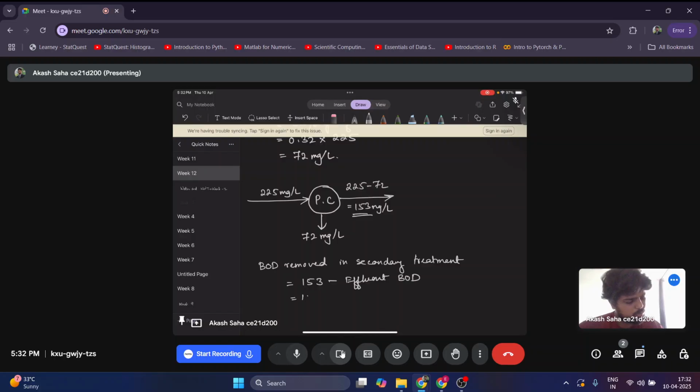So 153 minus 20, around 133 milligram per liter is removed. From here 20 milligram per liter is going out, so what is left is 133 milligram per liter.